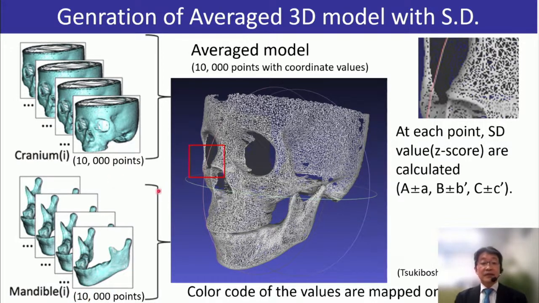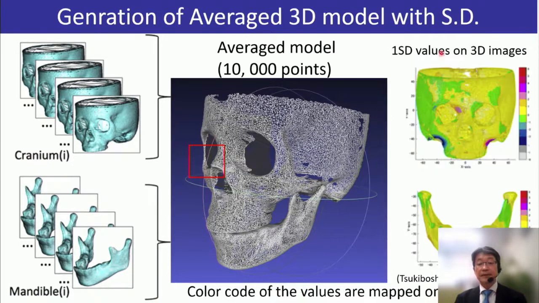At each wire mesh point, the standard deviation was calculated on each X, Y, Z axis. So the average model has 3D coordinate values with SDs, and the color code of the value can be mapped. This color code means the 1 SD values.